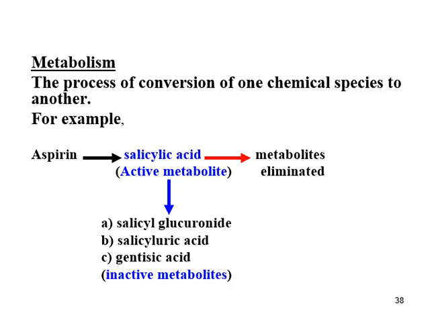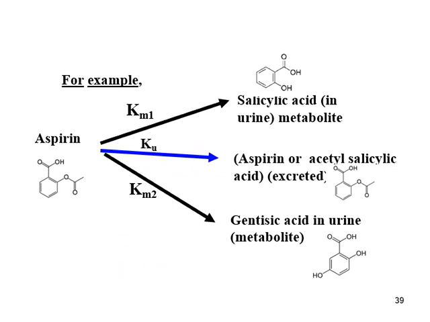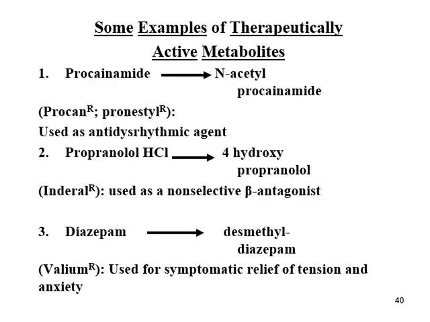And all the metabolites are eliminated. That gives you one example about metabolism. Here is a chart: the metabolism happens, and then the structures are changed. For aspirin, this slide gives you some examples of therapeutically active metabolites.